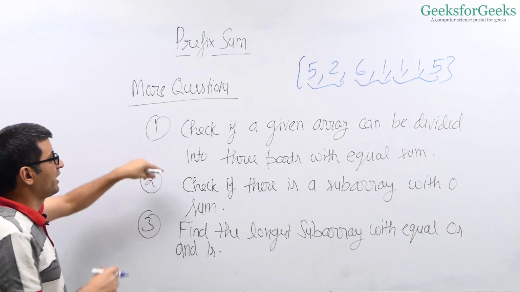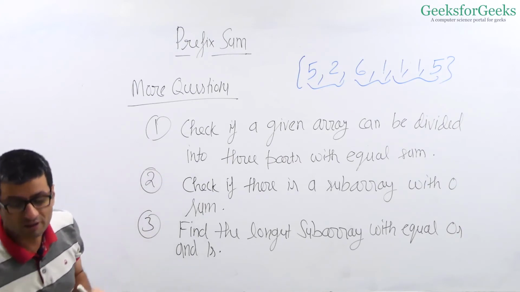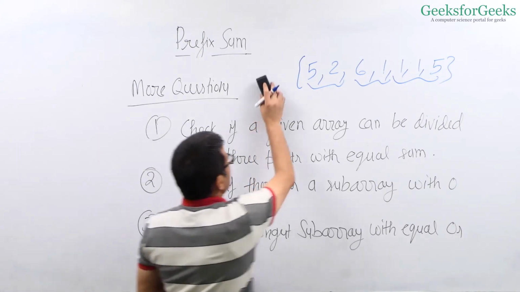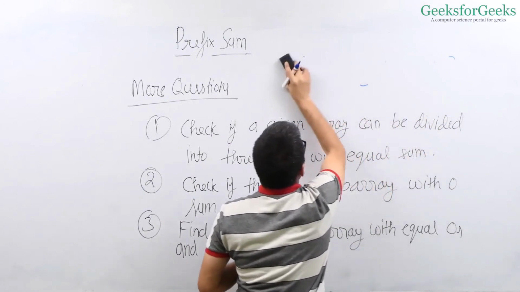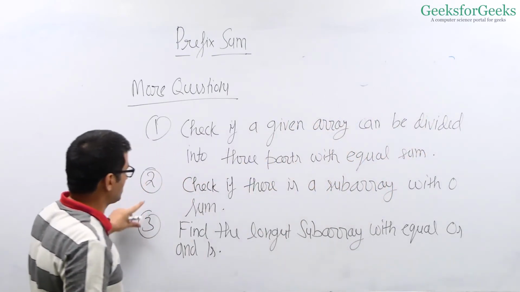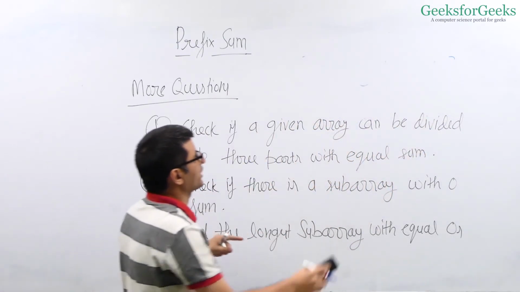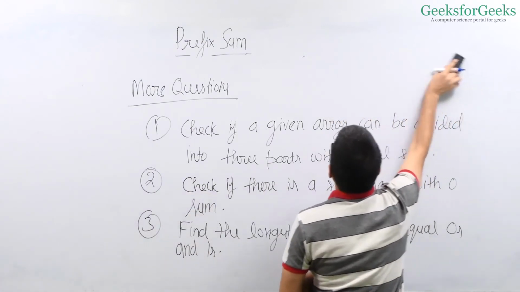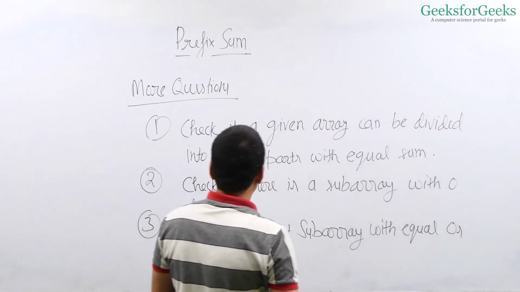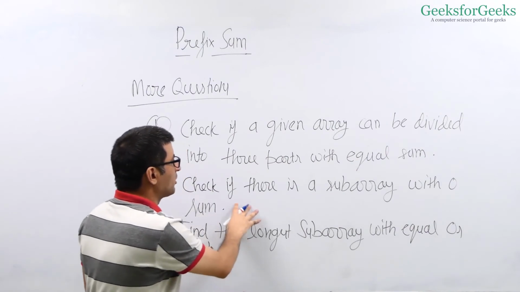Next question is a very, very popular interview question. There are many, many variations of this question asked in interviews, and these 2 questions, next question and third question, they are discussed in the hashing track because they also require hashing together with prefix sum. So this problem has many variations.